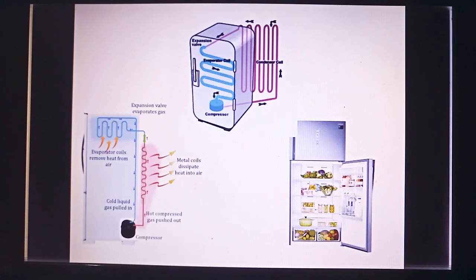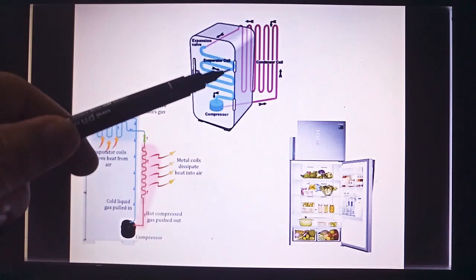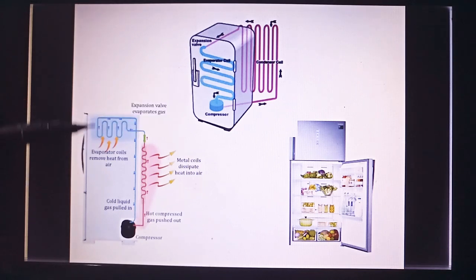Now try to look at this one in our refrigerator. This is the basic concept, an application of thermodynamics. We have here our refrigerator, and we call this our evaporator coil, in the side view of a refrigerator.